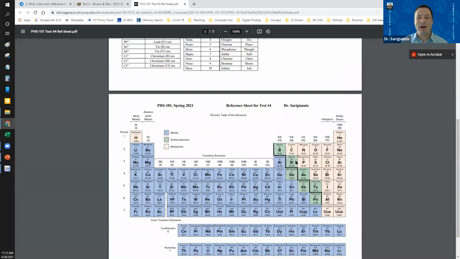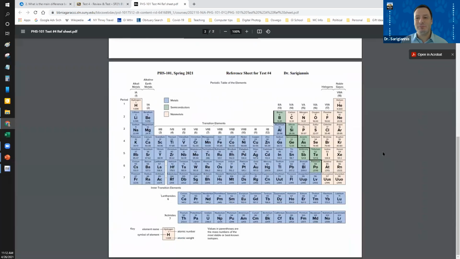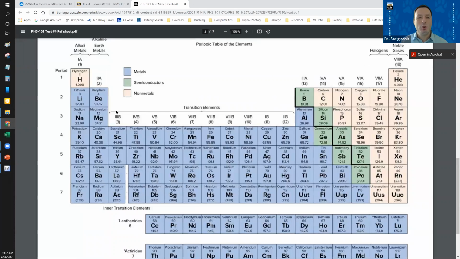So on a periodic table, as we go from element to element, we're adding protons. The protons are what define the element. So you can lose an electron and still be carbon; you'd be a carbon ion, right? Or gain an electron, whatever it wants to do.